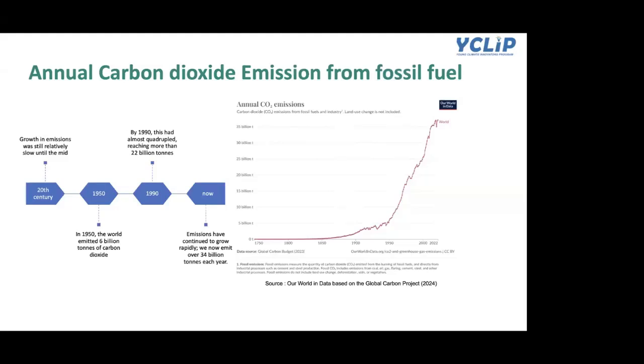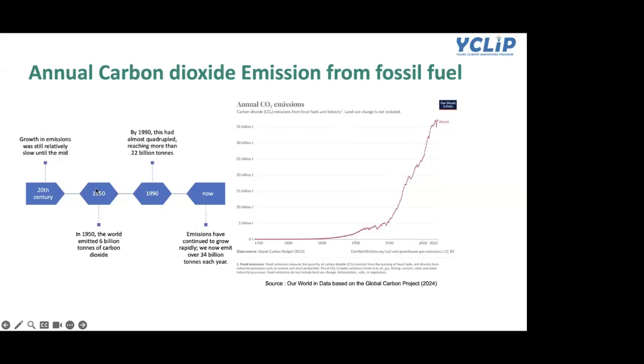So this is about 40 years. And the value had quadrupled, reaching more than 22 billion tons. So from 6 billion to 22 billion in 40 years. From 1990 to now, we have emission that has grown rapidly, and we emit 34 billion tons each year.